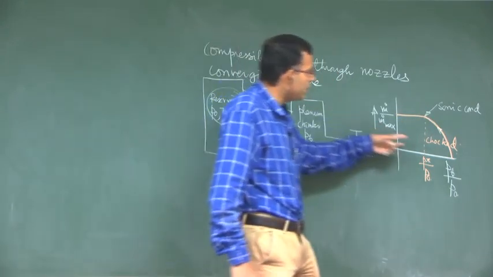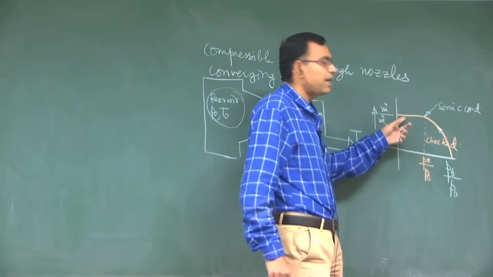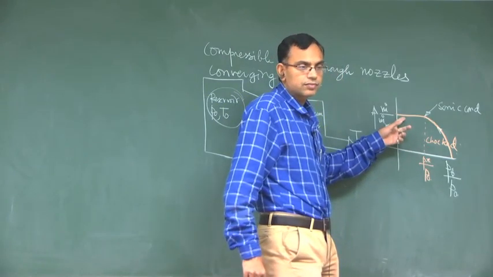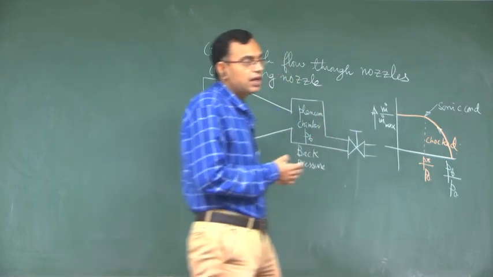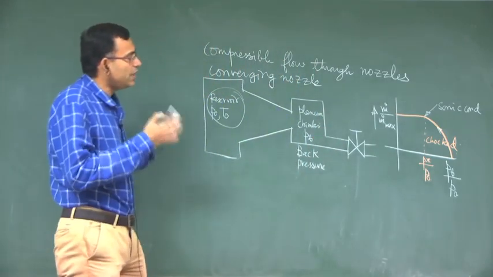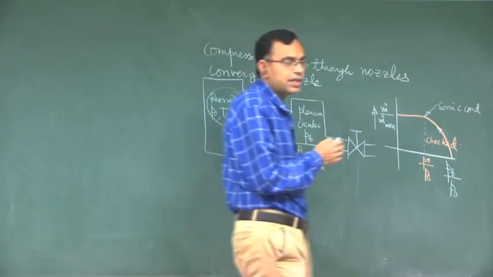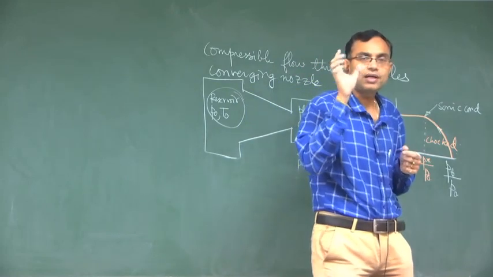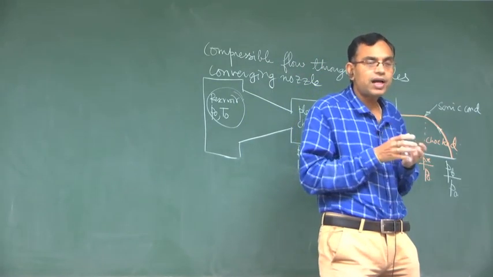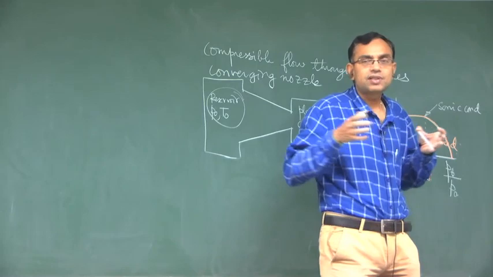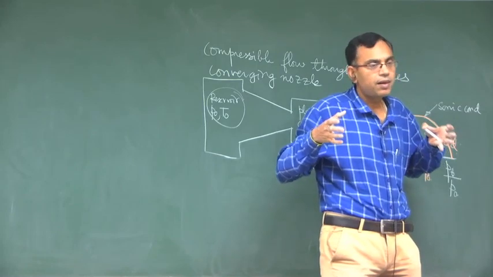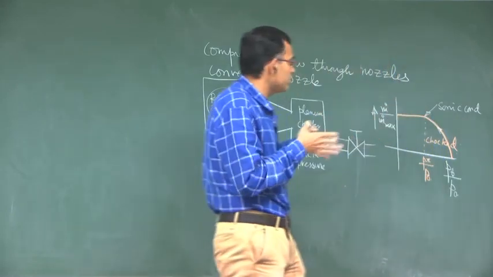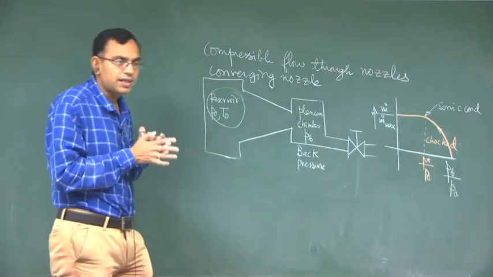So, even if you reduce the back pressure, the mass flow rate does not increase. Not only does the mass flow rate not increase, sometimes it is not the mass flow rate that is your interest always. Mass flow rate for a system, by mass conservation, means mass flow rate for a given pressure will remain the same.